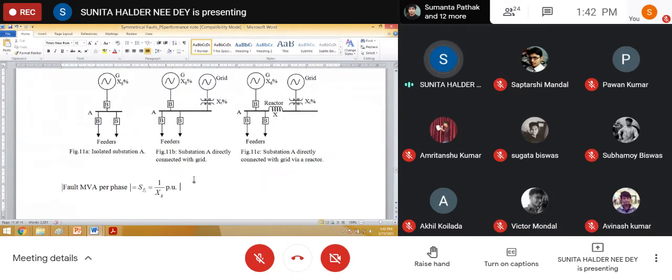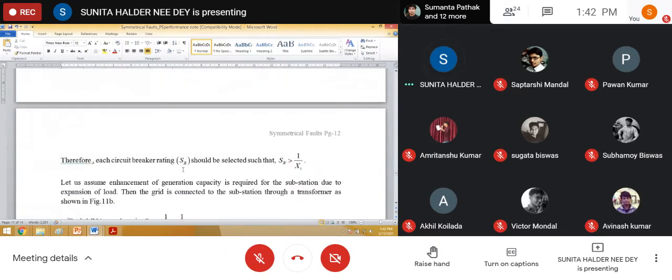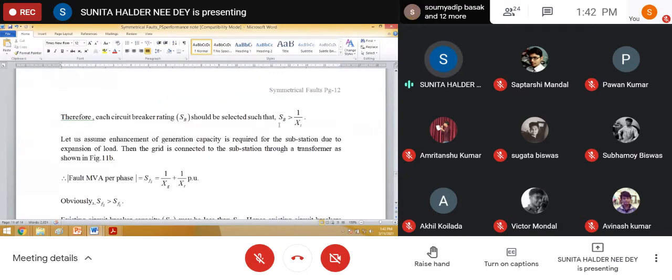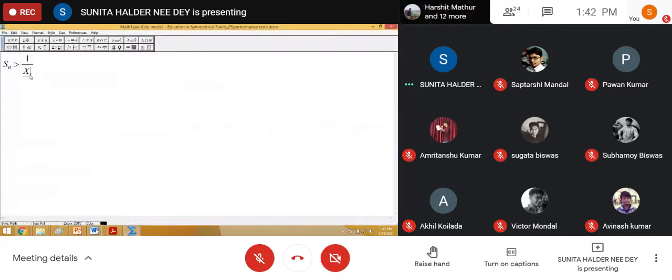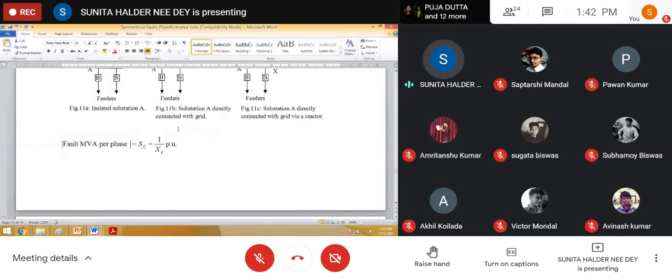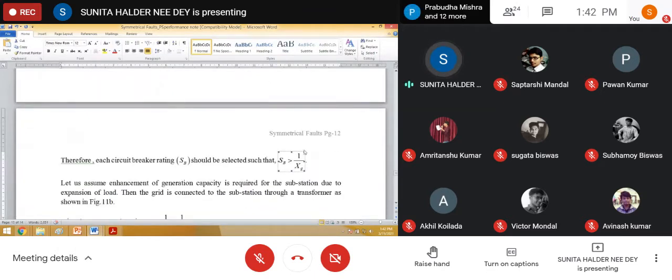So the circuit breaker rating SB should be selected such that it is greater than 1 by Xg. Obviously, if you calculate this and the requirement is 200 MVA, then your circuit breaker rating must be more than 200 MVA. Could you follow me?